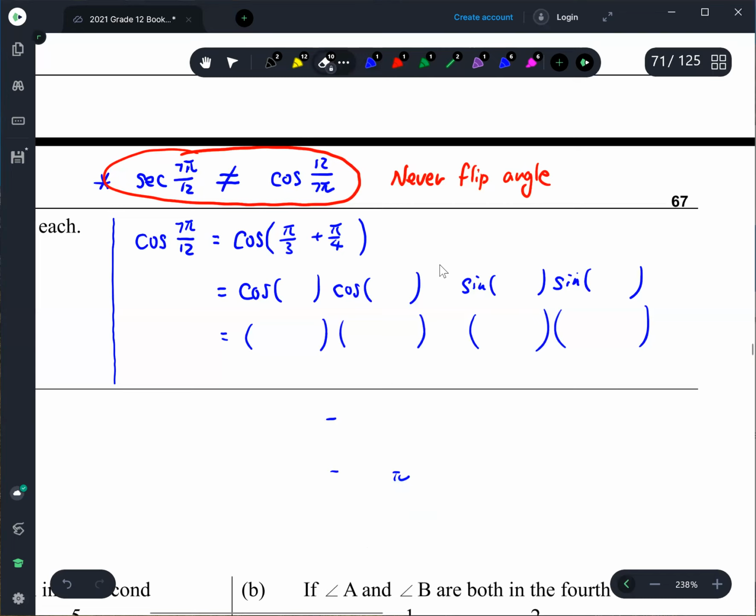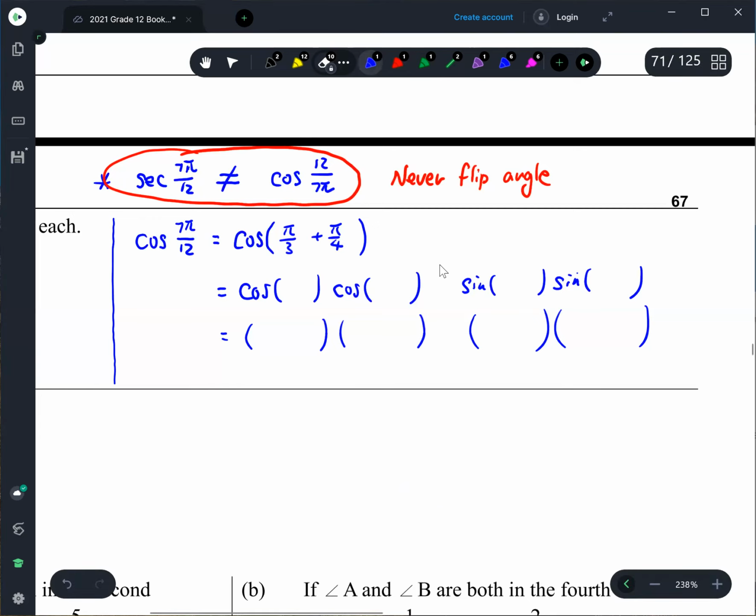Anyone else want to check if your pairs are correct? Anyone got different ones? Usually, if you want to have a denominator of 12, you will choose 3 and 4, because their common denominator will be 12. And then you just think about whether you should be adding or subtracting, okay? All right, so let's move on.